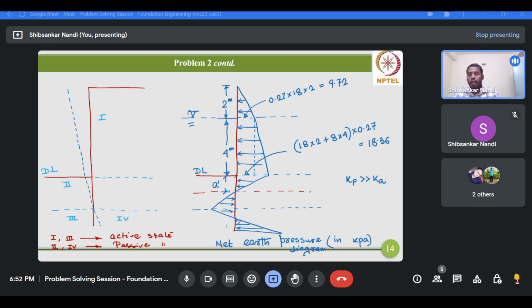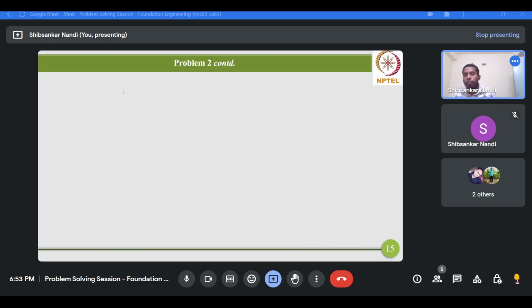At a distance of A prime from the dredge level, we have to calculate the active earth pressure from region 1 and the passive earth pressure from region 2, and then take the difference between these two, that is passive minus active, and equate that to 0. Only in that condition can we get the value of A prime. So we'll do that part.